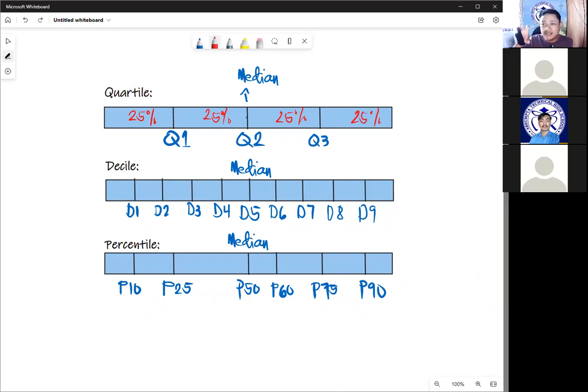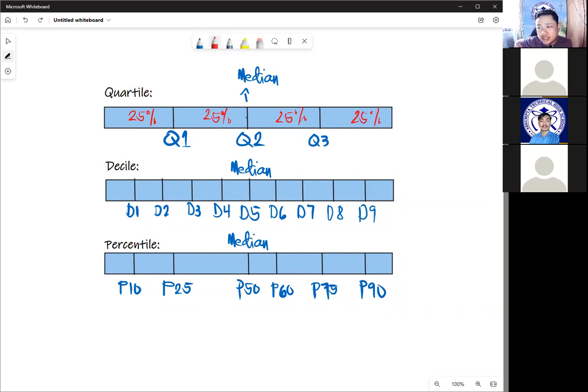Kapag konti lang yung set of data natin, just like what we are dealing with for the ungrouped data, usually there are slight differences. There will really be differences, but don't be afraid. Don't feel bad about that, because that's just normal. Pero it becomes better and the answers become similar when the set of data becomes bigger.